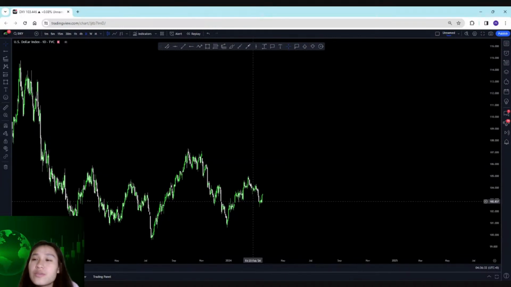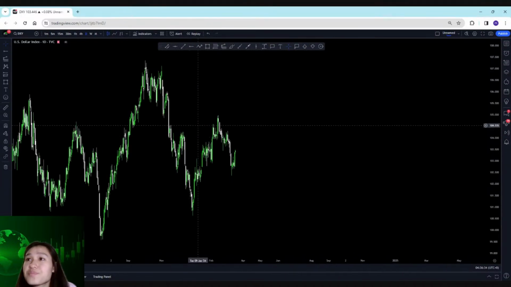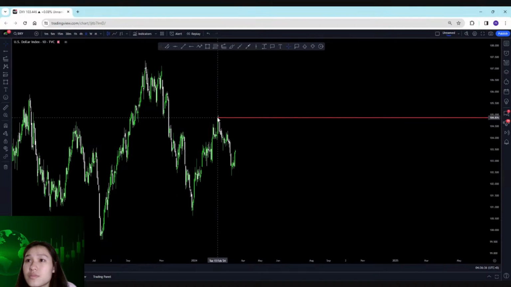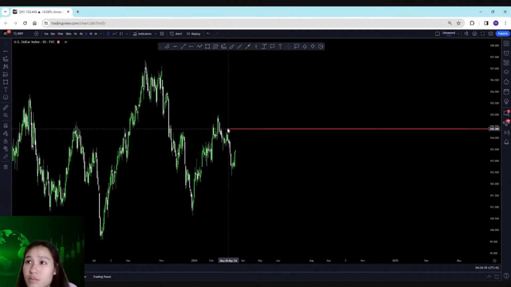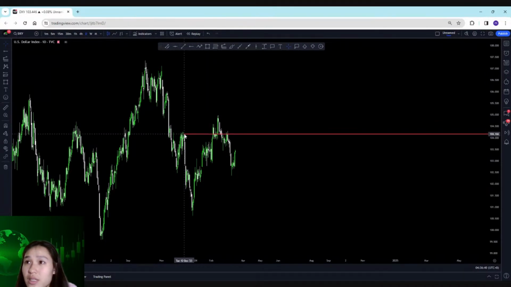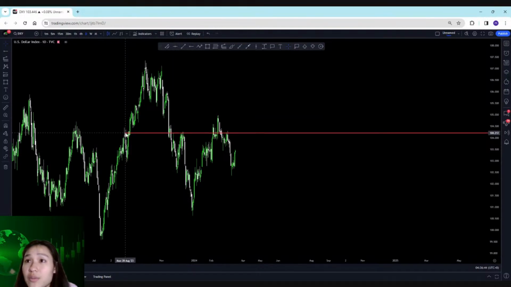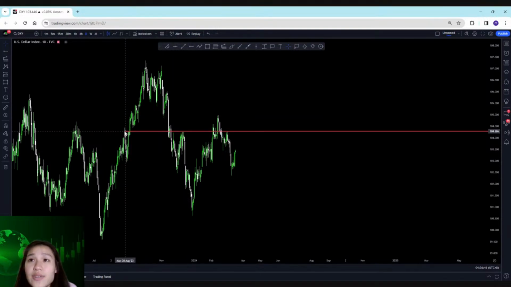Starting off with our first resistance, I'm going to place it a little bit closer to where price is currently at. And I'm also going to try and pull it back as far as I can.